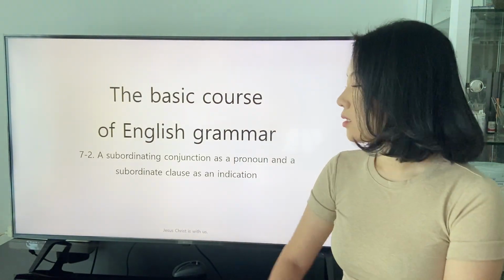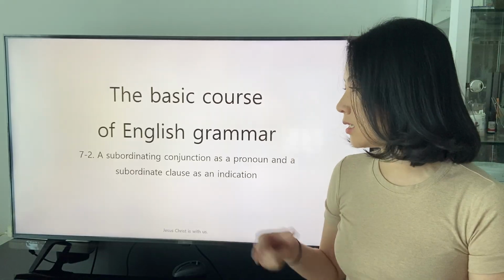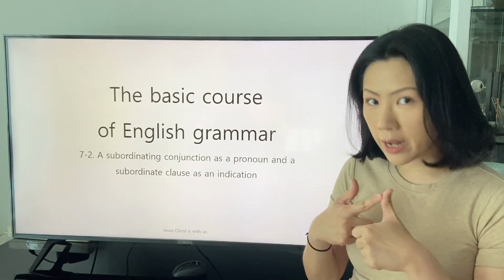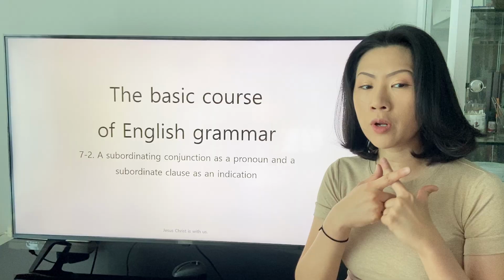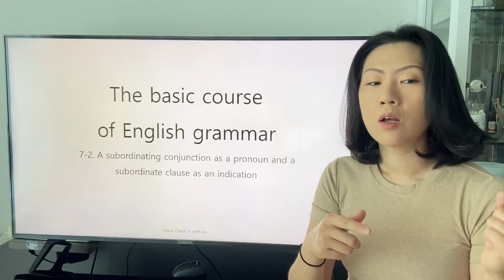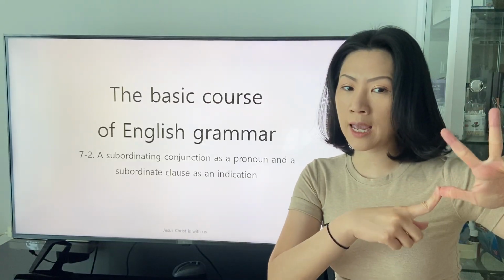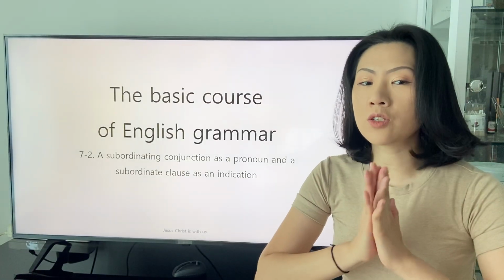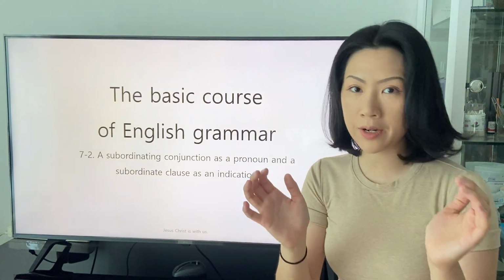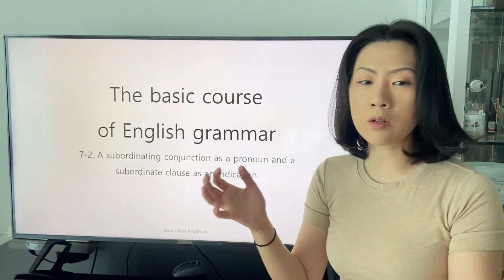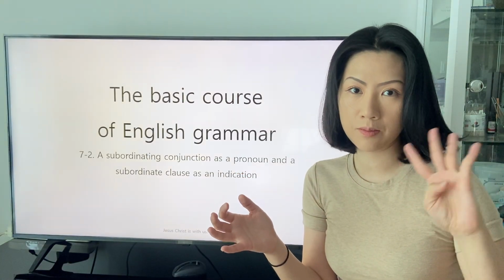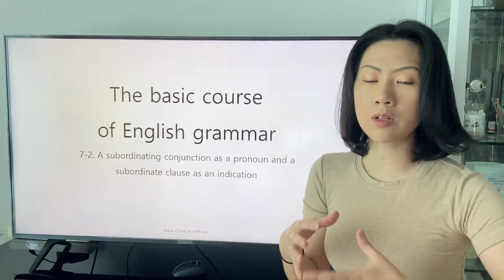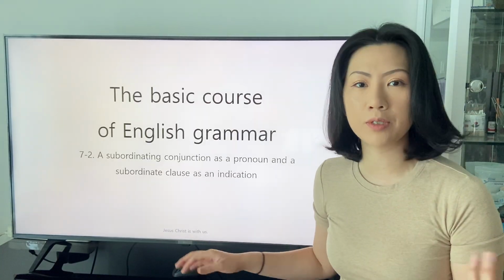As we can predict from the title of this class, we will learn about the subordinating conjunction as a pronoun and a subordinate clause as an indication, a subordinating conjunction as a pronoun and a subordinate clause as a description, a subordinating conjunction as a determiner and a subordinate clause as a description, a subordinating conjunction as an adverb and a subordinate clause as a description.